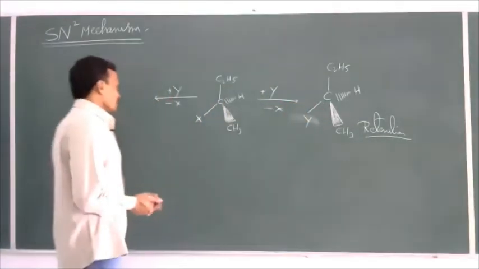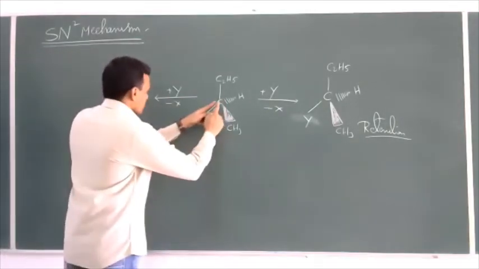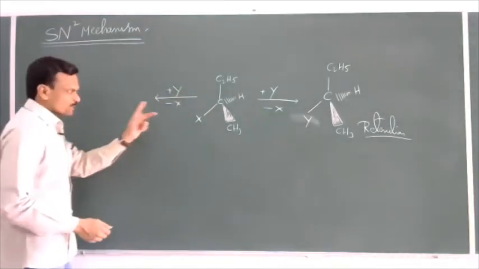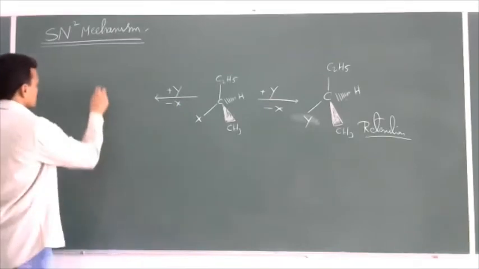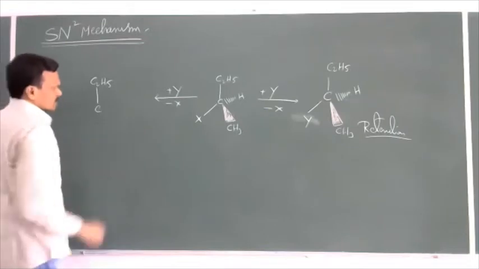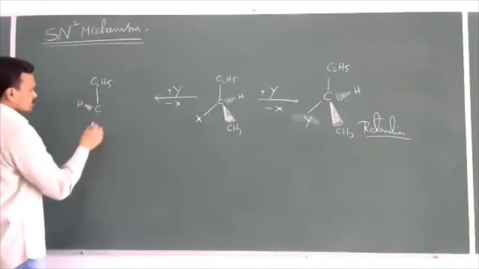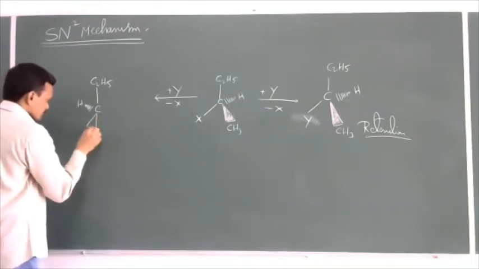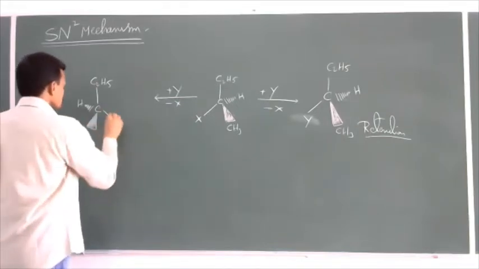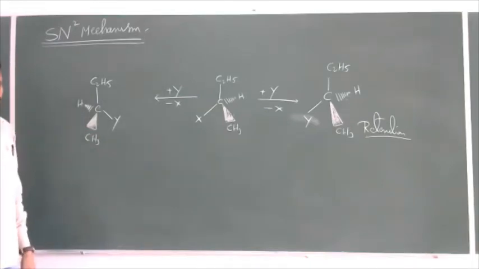Then what is inversion of configuration? Suppose Y replaces X by changing the spatial orientation of these groups. Now let us see the product here: C2H5, C, H, CH3.